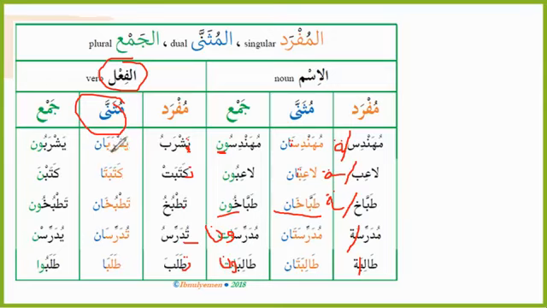Now we're going for the plural. For a plural form of masculine, we're using a ya. Yashrabun, yaktubun. We're adding an un. Okay, yaktubun.